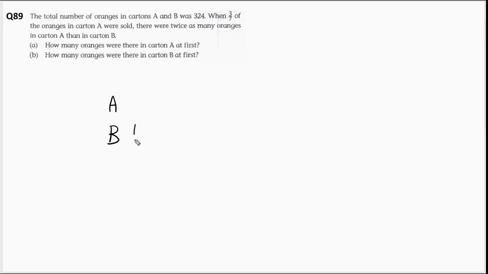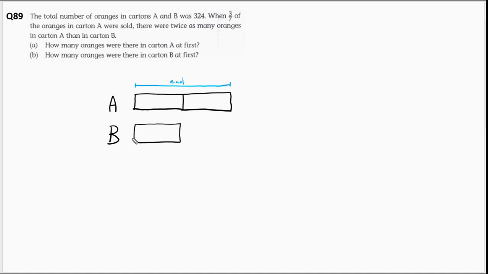So let's start with carton B. That's going to be our base unit. And if that's how many oranges are in carton B at the end, this is A at the end, twice as many. And we can label this because we've got it first, this is at the end.